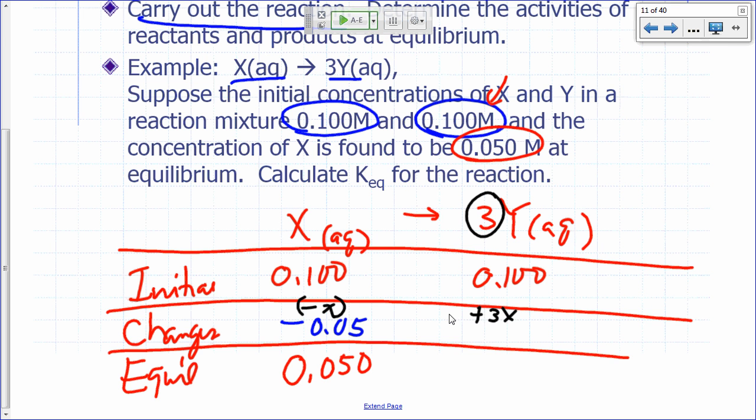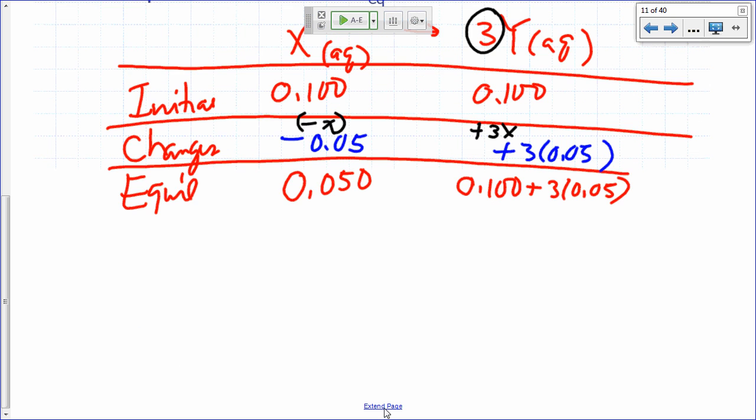So what's the change in Y going to be? It's going to be plus 3 times 0.05, right? So how much Y do I have now? It's going to be 0.100 plus 3 times 0.05. We're assuming we have a liter of solution, so these are the moles in that 1 liter of mixture.